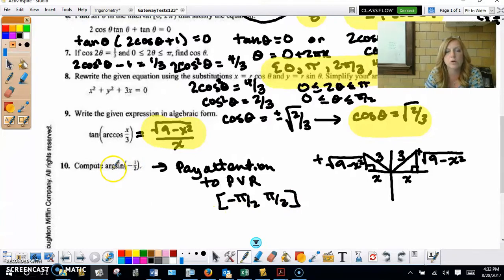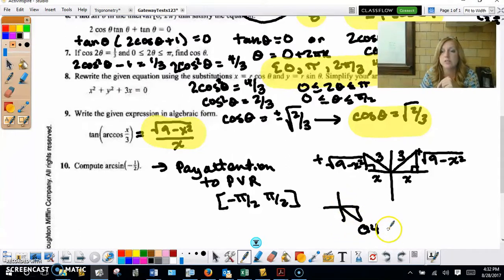And so I'm looking for where sine is negative, and sine is the y-coordinate, so I must be down here in quadrant 4. But be careful, you have to know what family you're in, which is the pi/6 family. We know we're in the pi/6 family, but do not pick 11 pi/6. That would not be correct because that is not in between -pi/2 and pi/2.